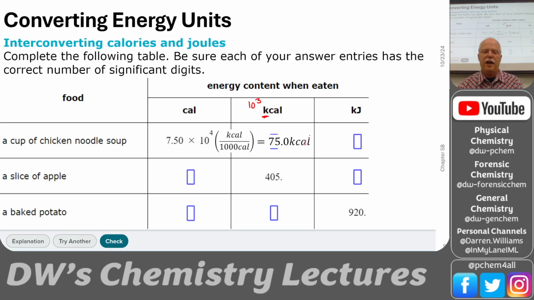I could take that and multiply it by the 4.184 kilojoules per kilocalorie, and then I could get the 314 kilojoules. So that's pretty straightforward, just following the units. Again, this is lowercase cal, this is lowercase cal. So those cancel, and I've got kilocalories. Then kilocalories cancel, and I've got kilojoules. So just follow the units.